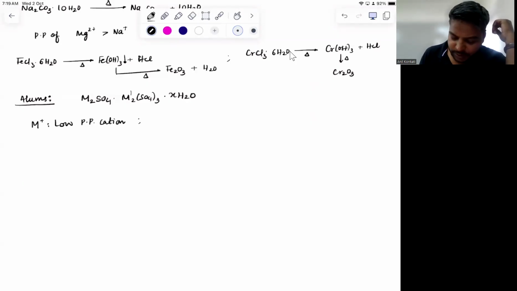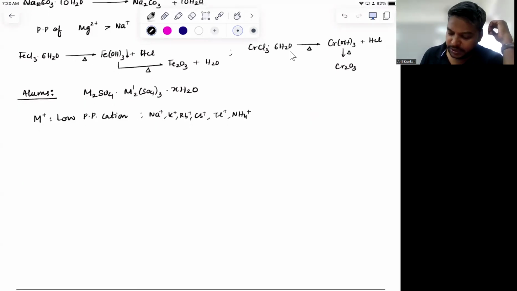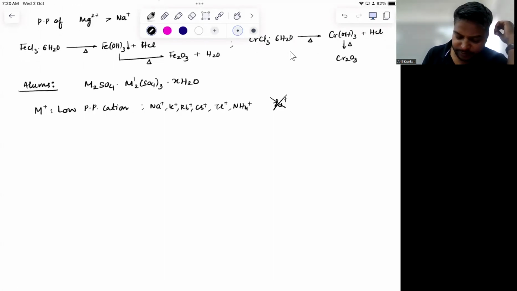Like Na+, K+, Rb+, Cs+, Tl+, and the ammonium ion. These are low polarizing cations. So Li+ cannot be taken here, because Li+ will have sufficient polarizing power.